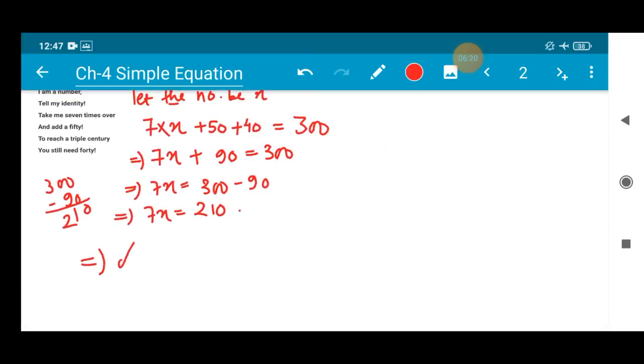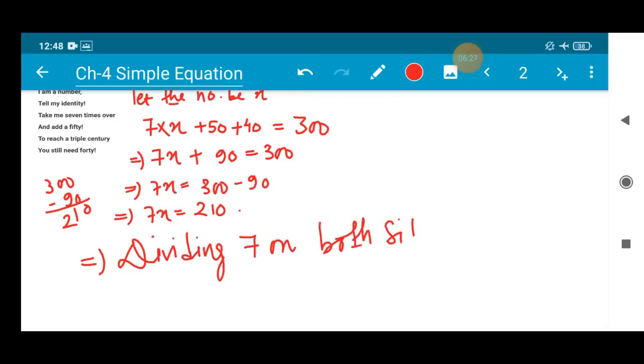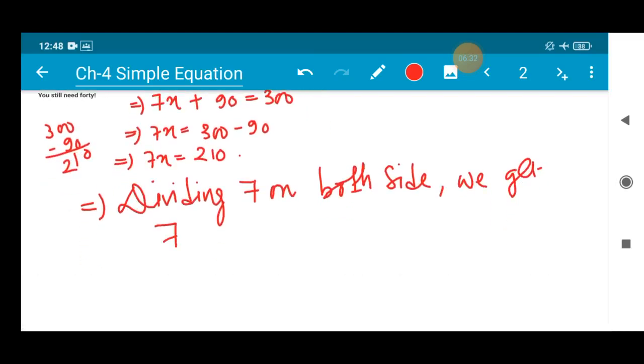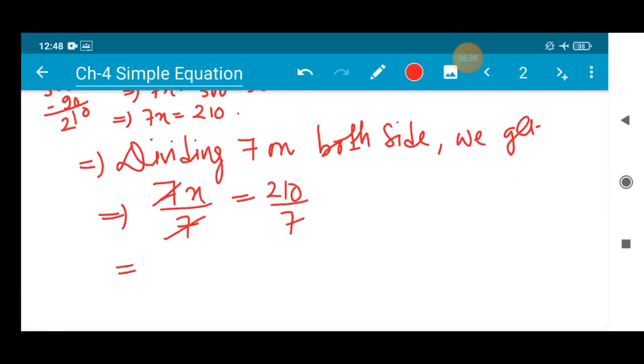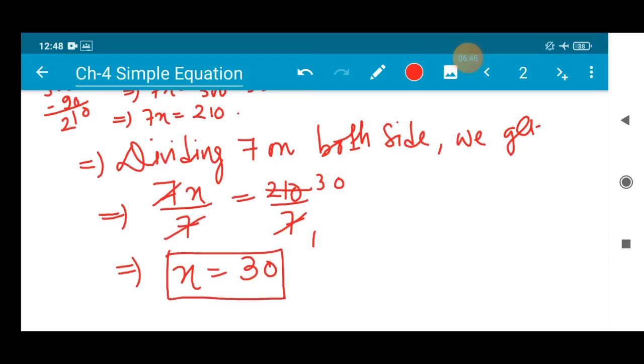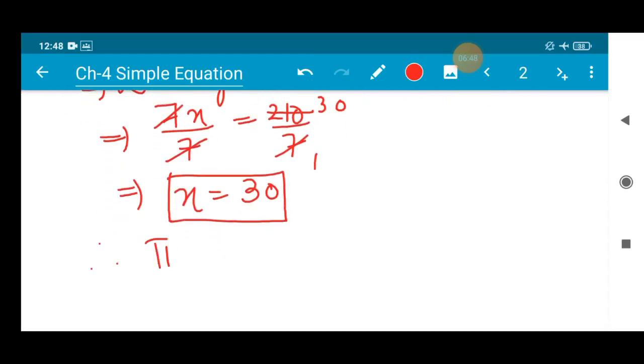So dividing by 7 on both sides, we get 7x divided by 7 is equal to 210 divided by 7. 7 gets cancelled out. Now the value of x will be, just divide this, 7 1s are 7, 7 3s are 21, so the value of x is 30 here. So what is the unknown number? Therefore the number is 30. Right? Very simple, very easy.